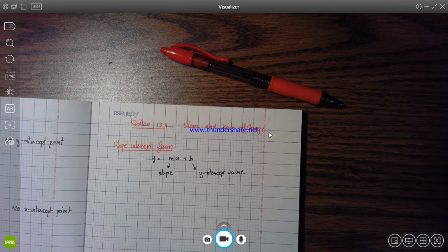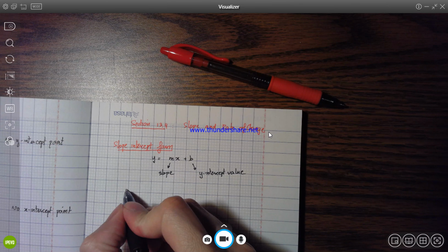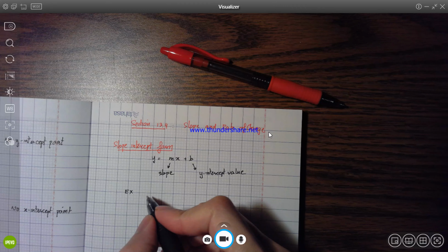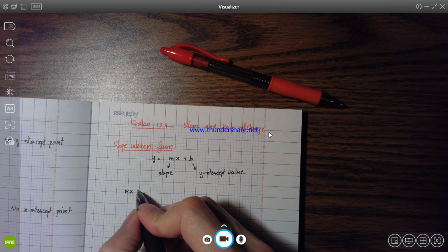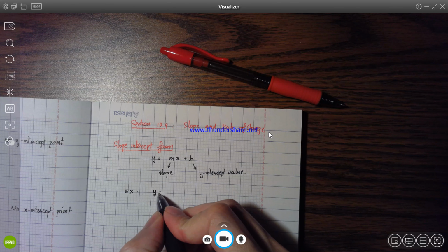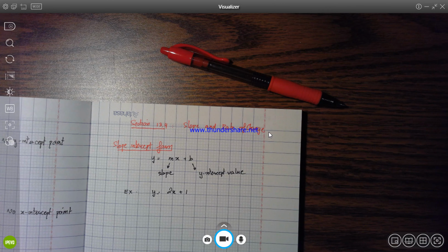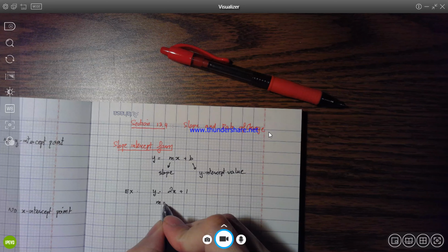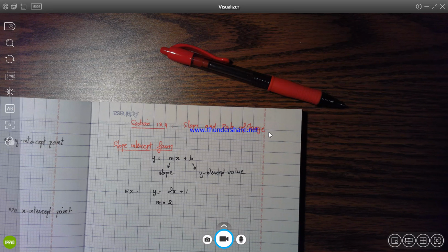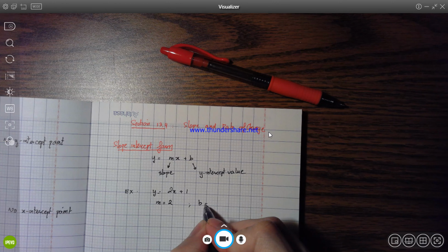From the b you can write a y-intercept point. For example, I have this linear equation: y equals 2x plus 1. Then m, the slope, equals 2, and the y-intercept value, b, equals 1.